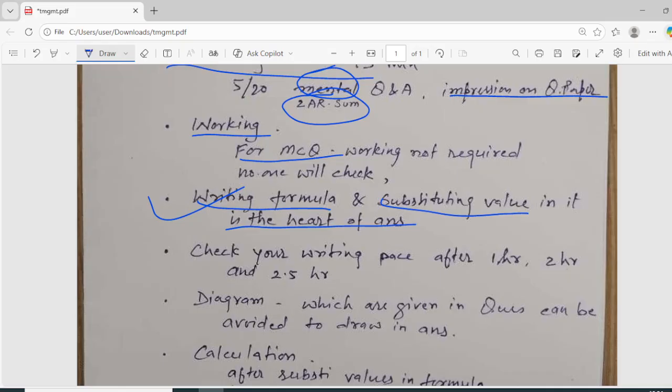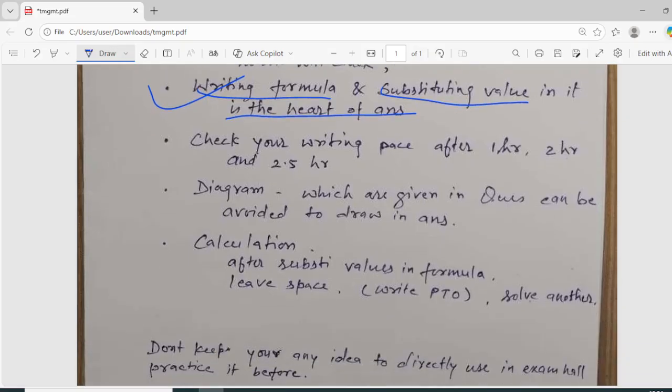And sometimes, generally in statistics and surface area and volume, where calculations are big, after substituting the values in the formula, you can leave space there, write PTO and solve another question.